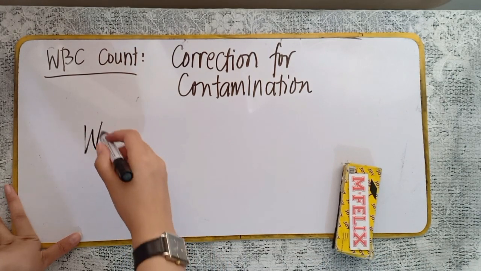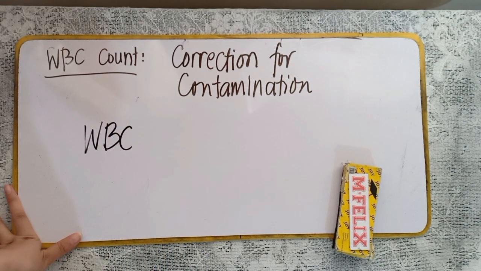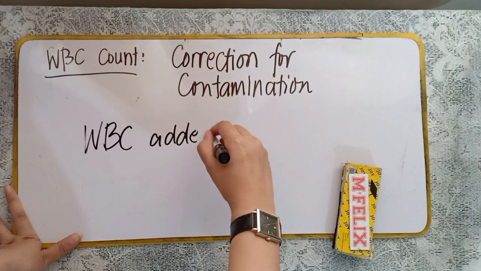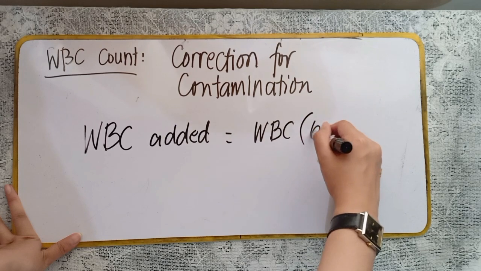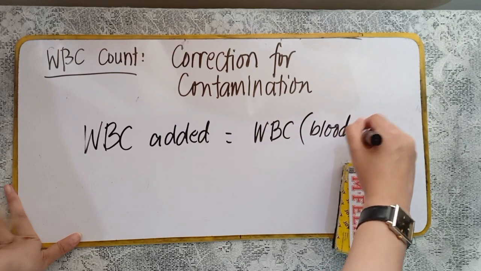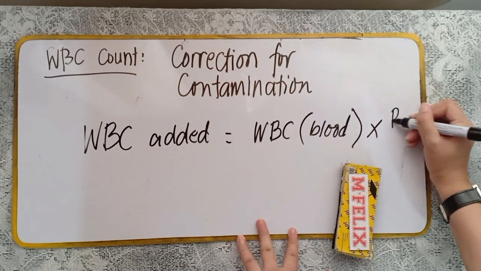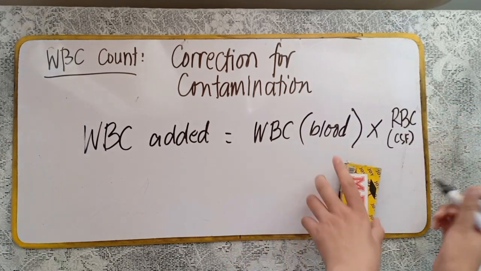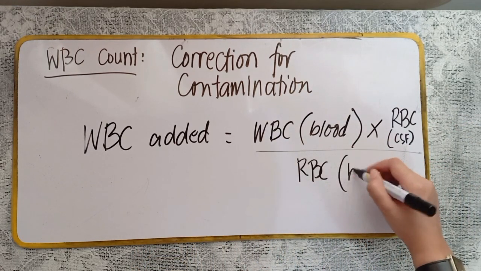Let's say, corrected WBC. Ganito lang yon. WBC added equals yung WBC count sa blood times yung RBC count sa CSF, divided by yung RBC count sa blood.